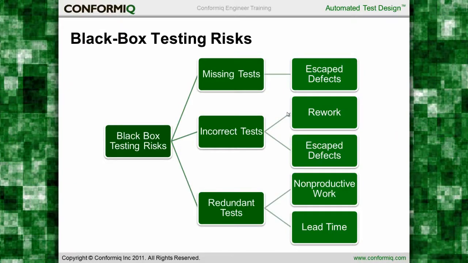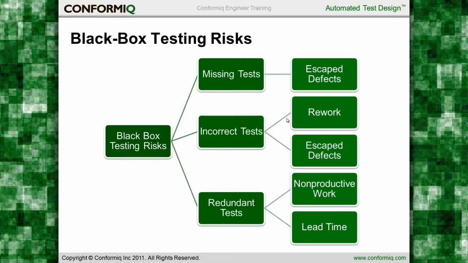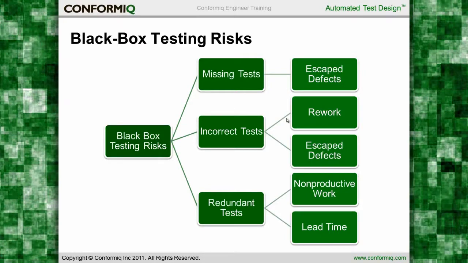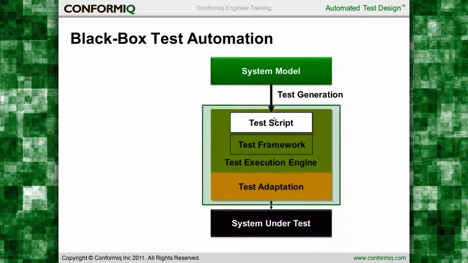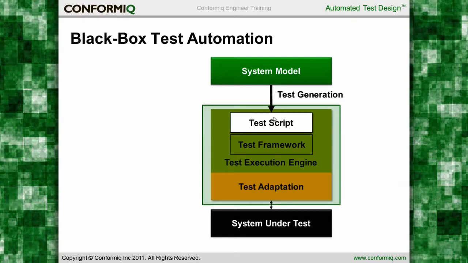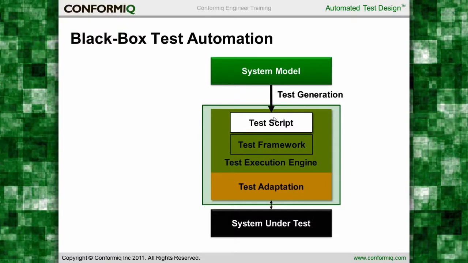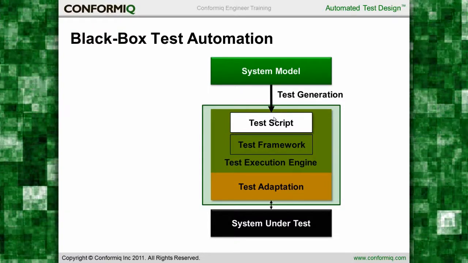Automated test design and Conformiq Designer is all about significant reductions in these risks in the manual test design process. When one talks about black box test automation, it's important to understand that there are two distinct phases in the process flow of testing.